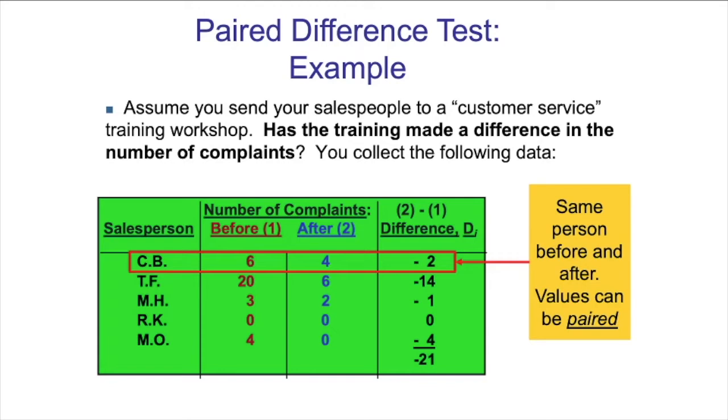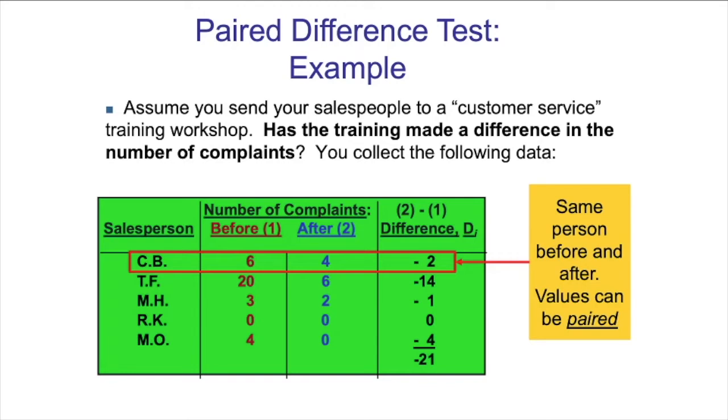So if you look at the values for d, you see that they are all negative. It looks like the training worked. However, these results might just be a fluke. You would need statistics to know whether this training really made a difference. In other words, you want to test whether that difference d is statistically significantly different from 0. So what do you do?